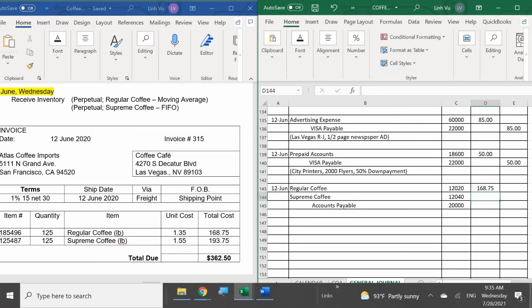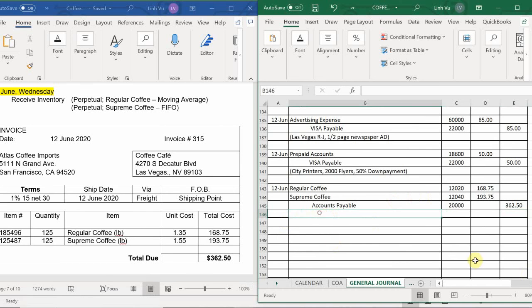How much was my total for my supreme coffee? $193.75. Okay, so my grand total that I owe for this bill is $362.50. Good. Now we have everything that we need here. We know exactly who we bought this from. In this case, it was Atlas Coffee Importers.